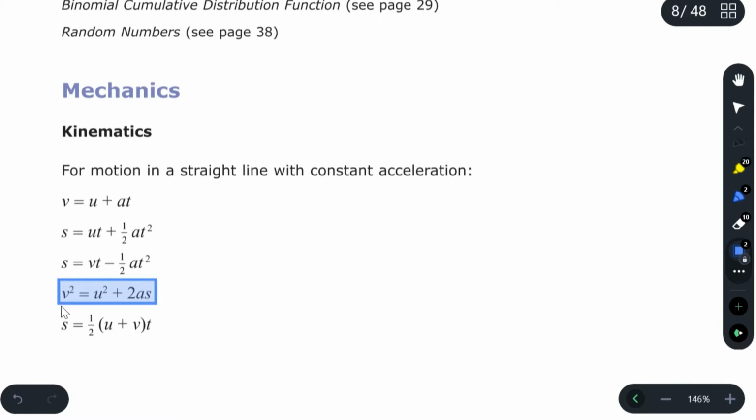To do this, we can use v squared equals u squared plus 2as.